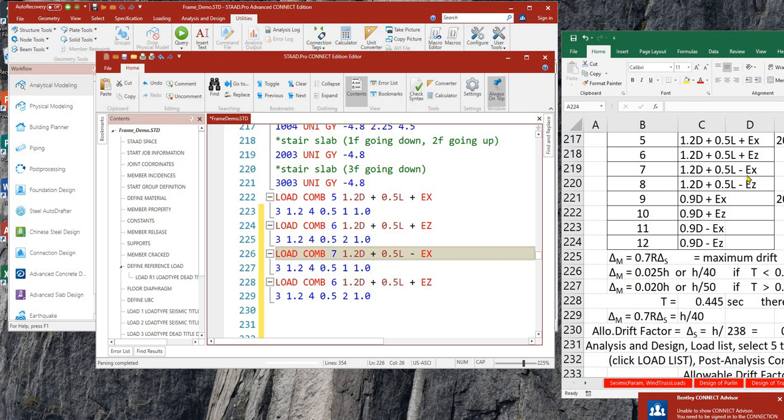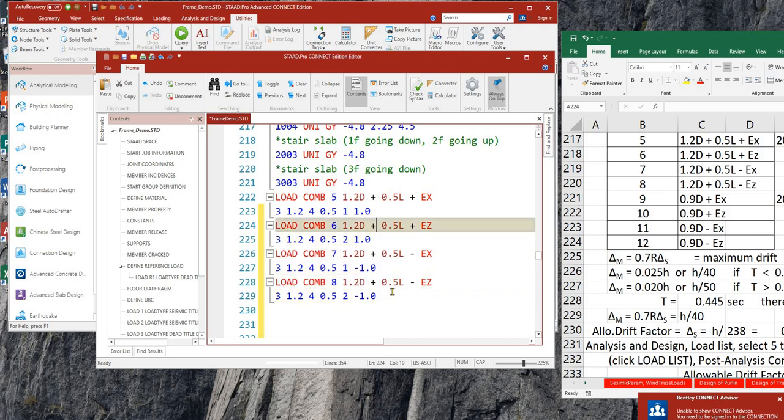Okay, negative EX. Then the factor is also negative. Then this will be 8, and the EZ will be negative. Which is, this is negative. Next, let's do this 0.9D plus EX.